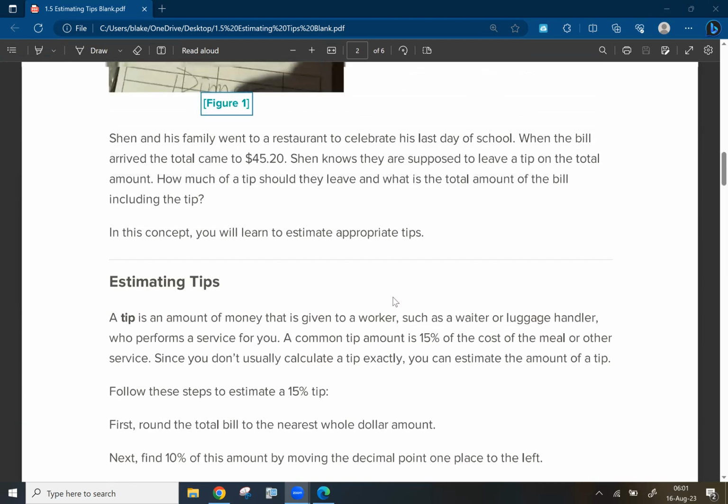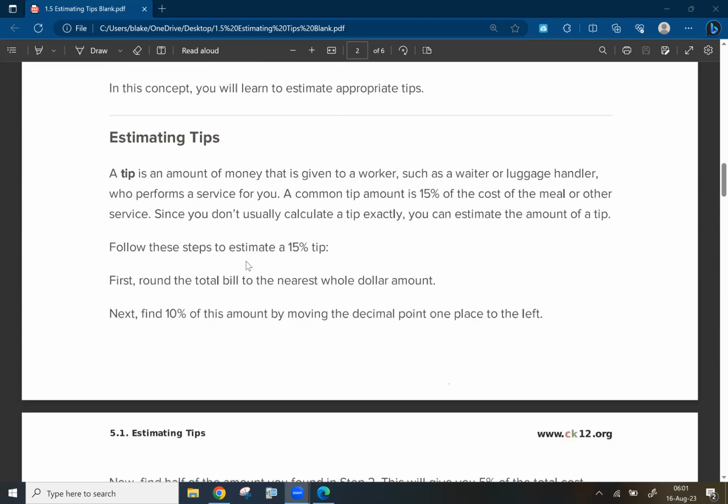If we look at our previous problem where we had 45.20, 20 cents is not going to make or break anybody. So we're going to round this total to $45 rather than 45.20. $45, an even dollar amount, is going to be easier to mentally calculate. So we're going to round to the nearest whole dollar.